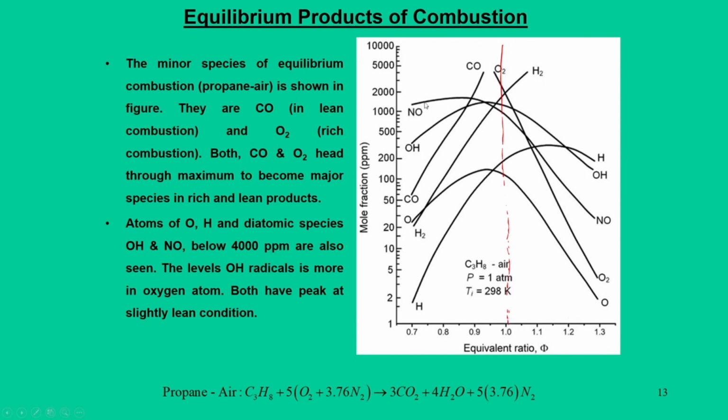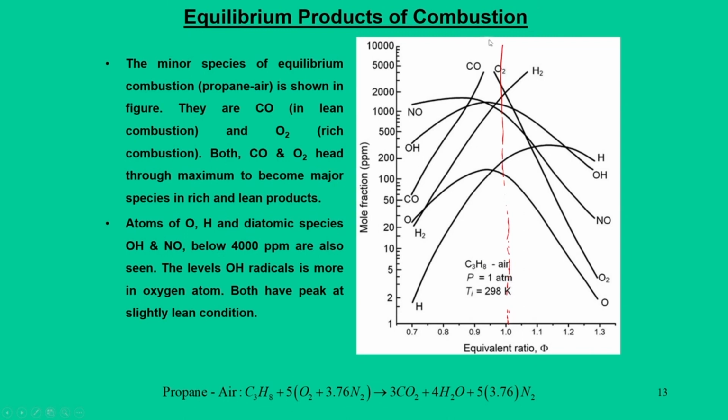The NO concentration drops as we move towards high equivalence ratio. OH concentration initially increases, has its maxima when the mixture is slightly lean, then it drops. The hydrogen concentration keeps on increasing.